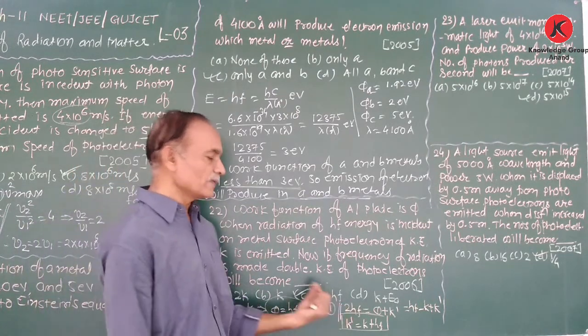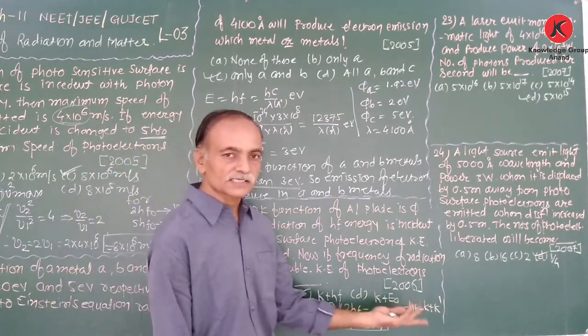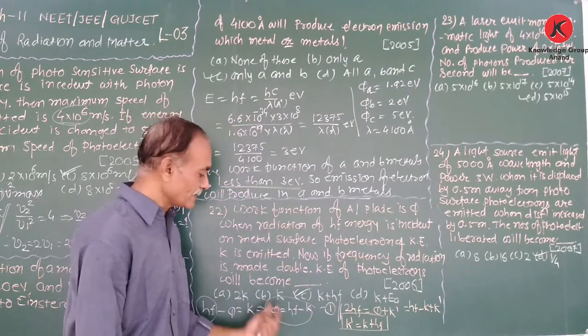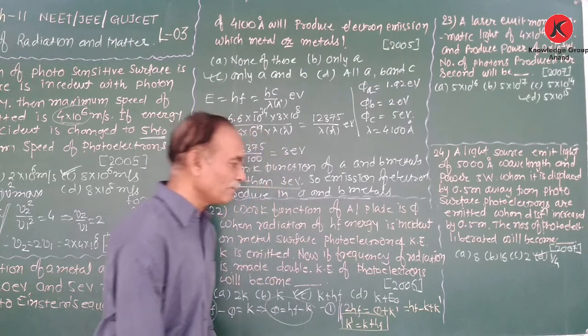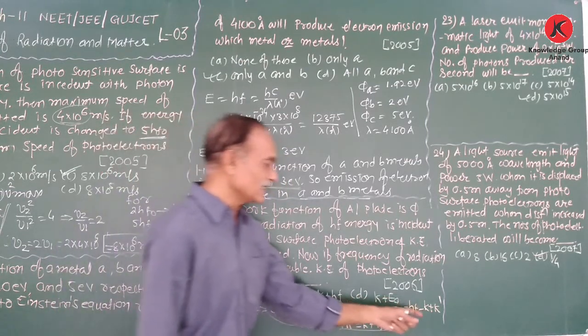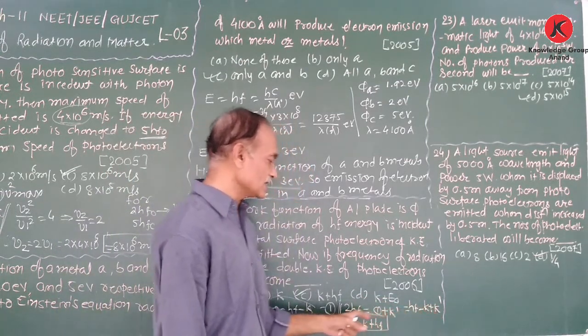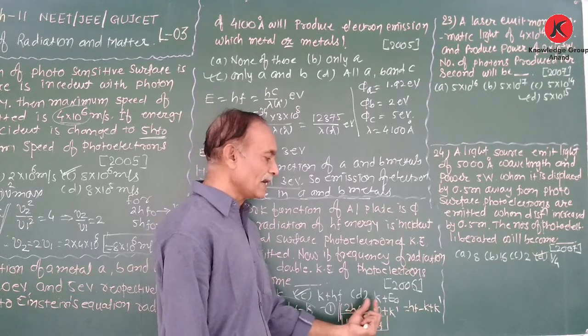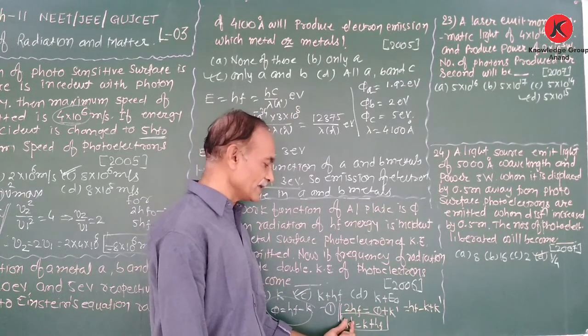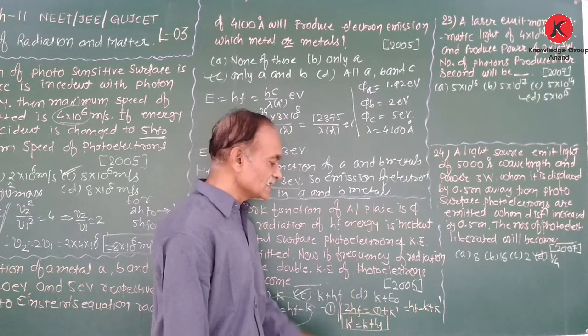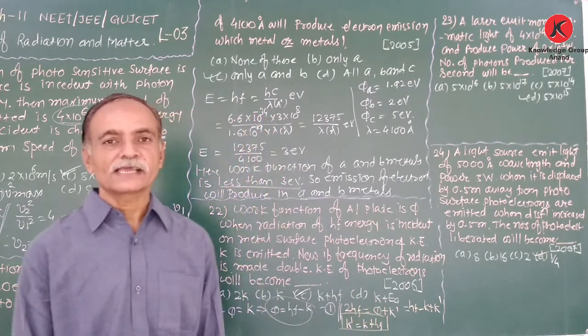Therefore, 2hf is equal to work function plus new energy K dash. We substitute the value of phi here. Therefore, 2hf is equal to hf minus K plus K dash. Take hf and K to this side. Therefore, 2hf minus hf plus K is equal to the new kinetic energy K dash, which is K plus hf.